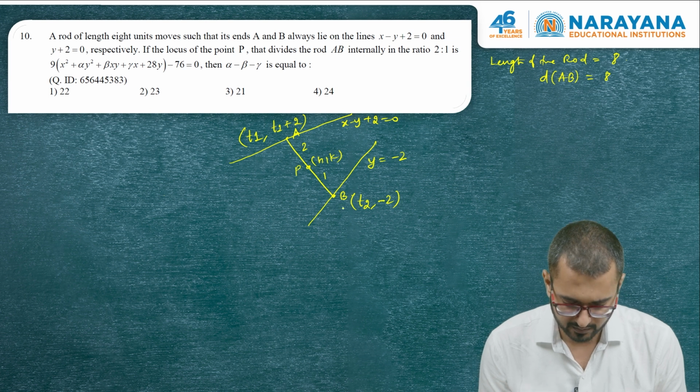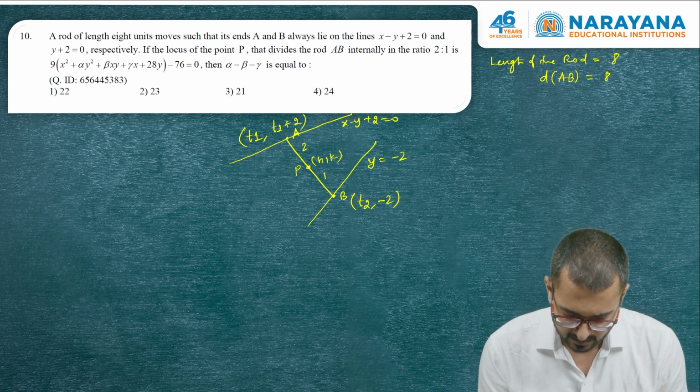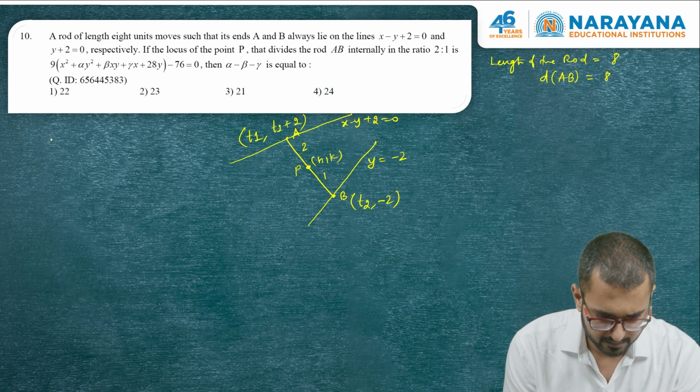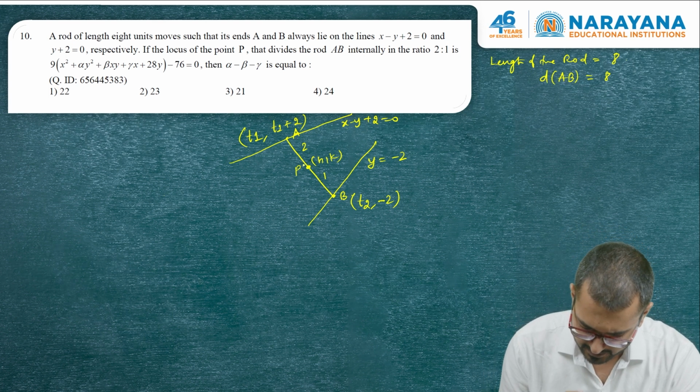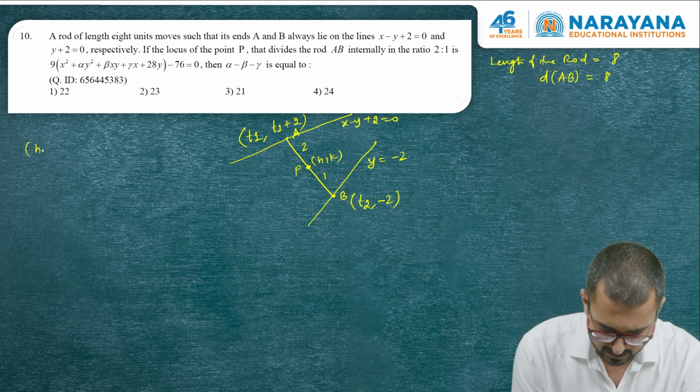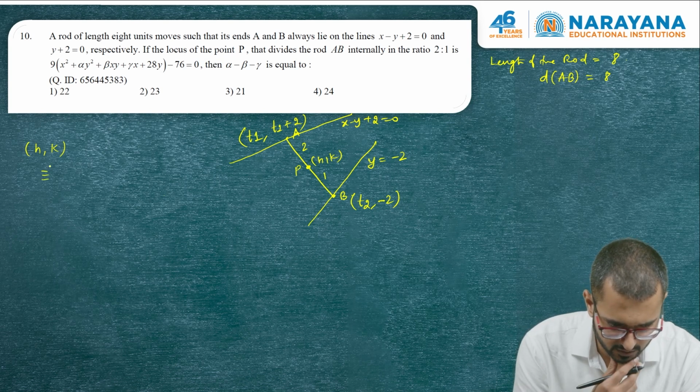Now we have to find the locus of this point. Let's write down the locus first. So (h, k) will be equal to coordinates we are writing.